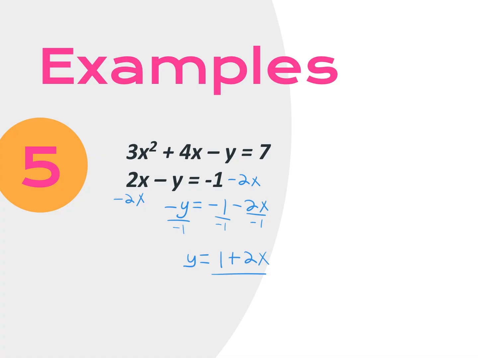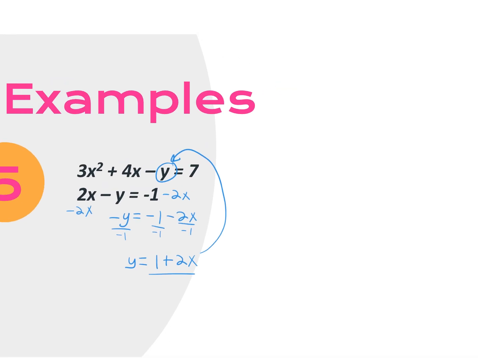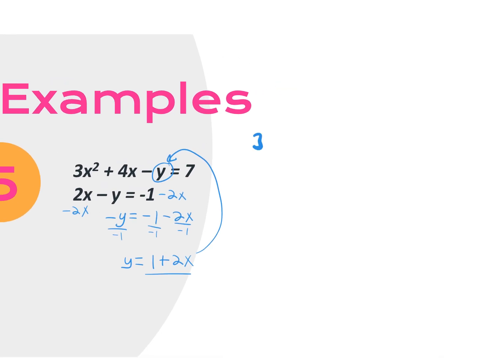Put it where you see the y in the first equation. And we see a y right there. So this is going to become 3x squared plus 4x minus, instead of y, we're going to put 1 plus 2x, equals 7.